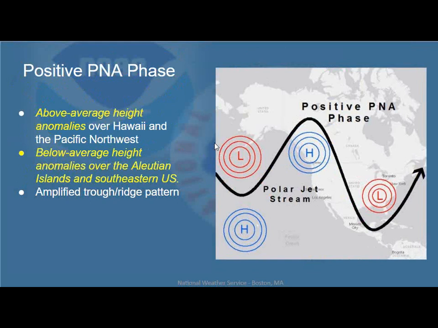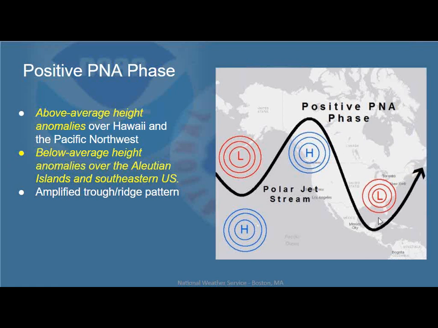So the positive PNA phase is associated with above average high anomalies over Hawaii and the Pacific Northwest, and on the other hand, below average high anomalies over the southeastern US. In a positive PNA phase, you have a ridge over the northern Rockies and the western US, and a deep trough over the eastern US.